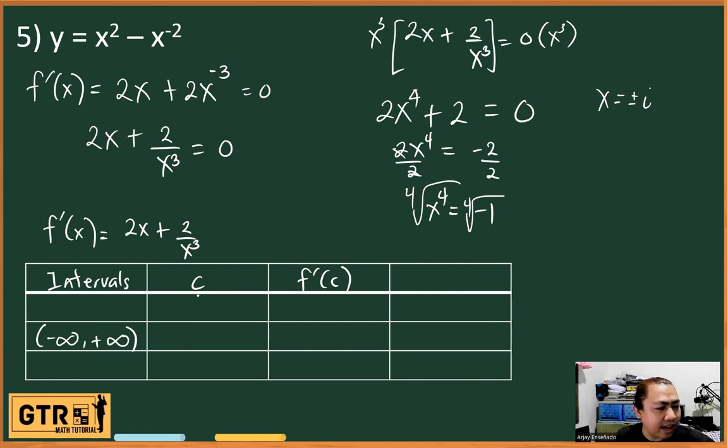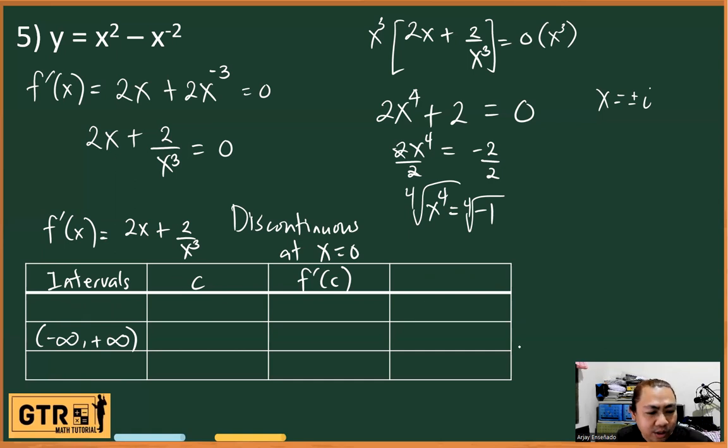So let's substitute a number for this, but we have 2x plus 2 over x cubed. So there is a discontinuity. The function is discontinuous at x equals 0. Because when x equals 0, this is undefined.